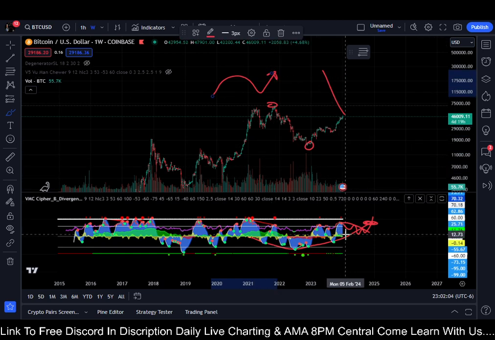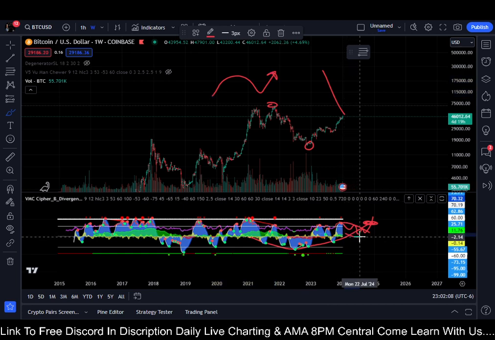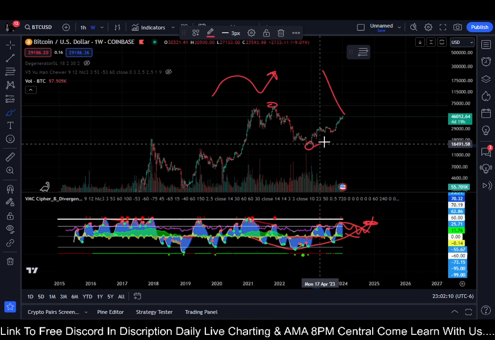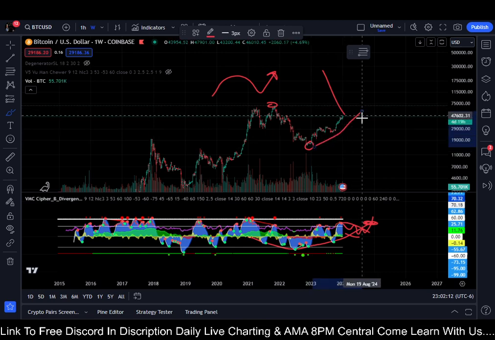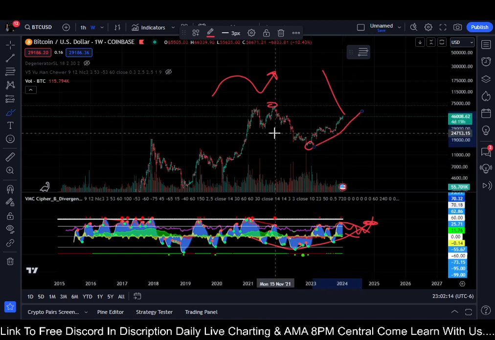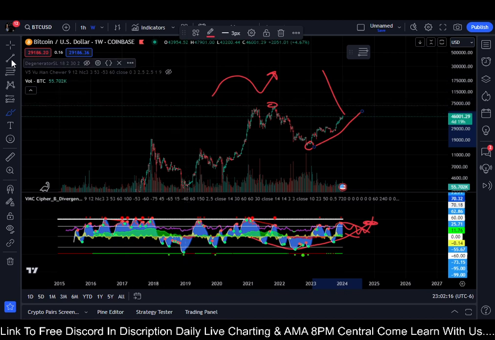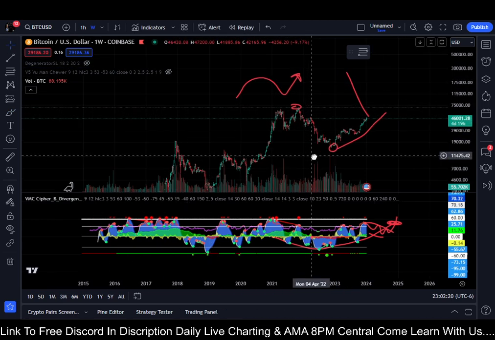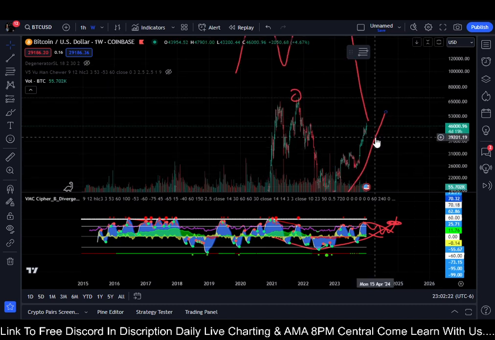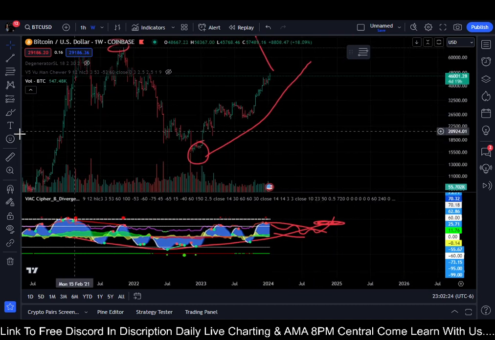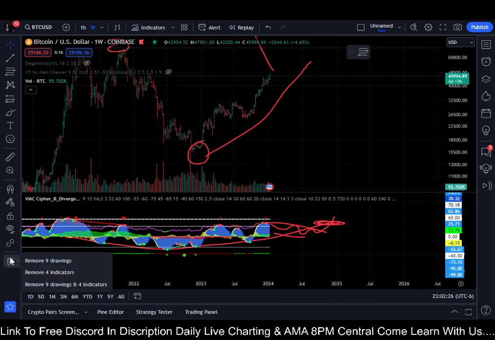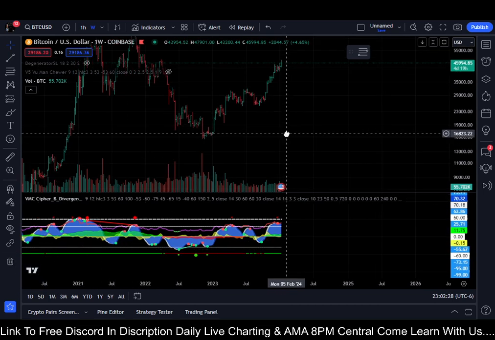The confirmation will be the money flow starting to curl to the downside, and being that we are in a powerful uptrend, hopefully this uptrend stays intact. Let's talk about pullback targets before we hop off here. Just hit the delete button. So we have our trend.